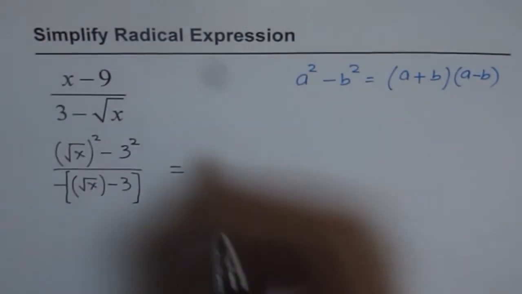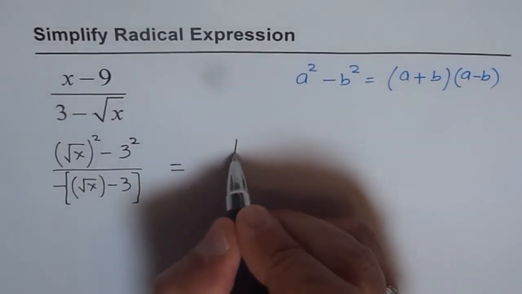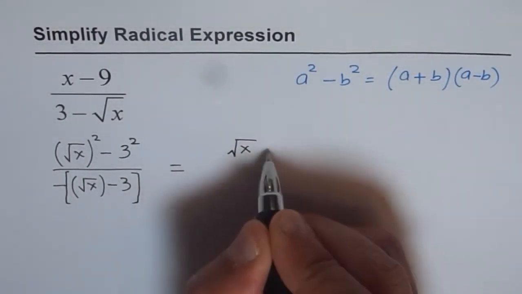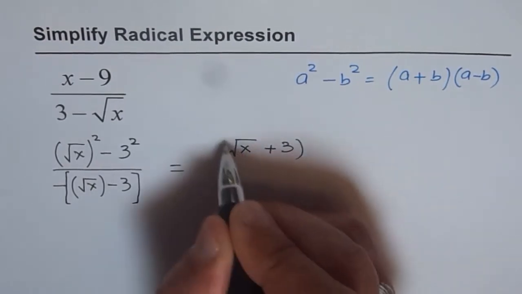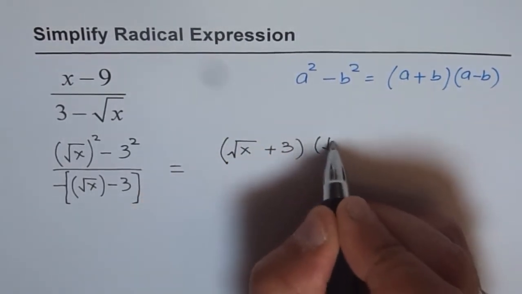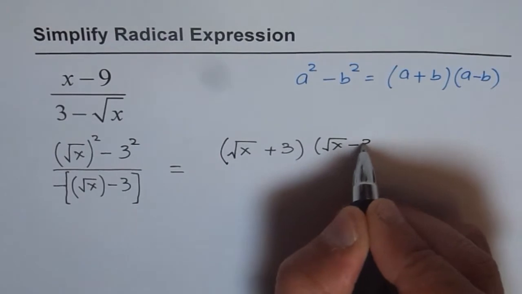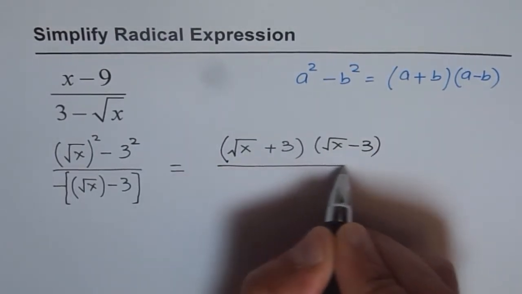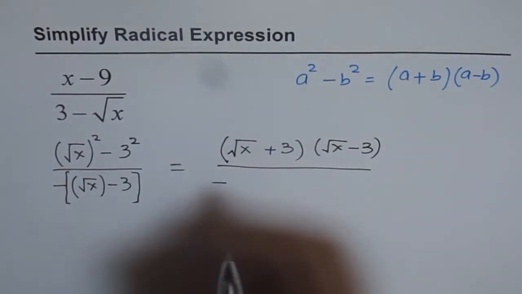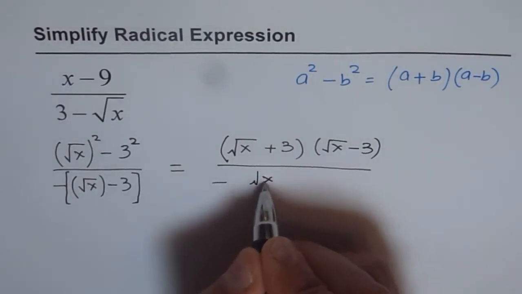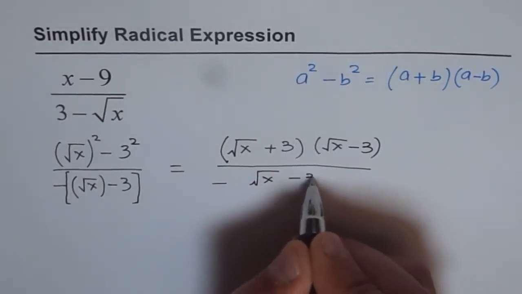The numerator can be factored, and we can write this as square root of x plus 3 times square root of x minus 3. And in the denominator we have minus of square root of x minus 3. Do you see that?